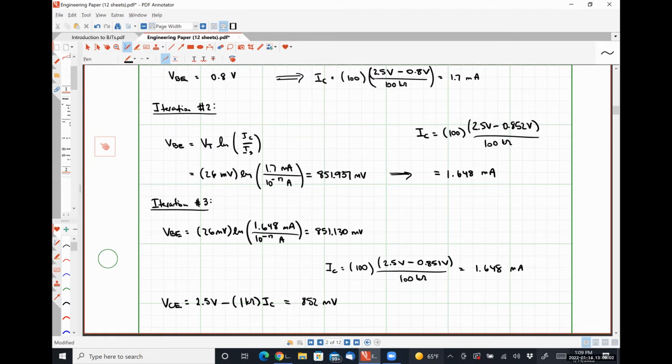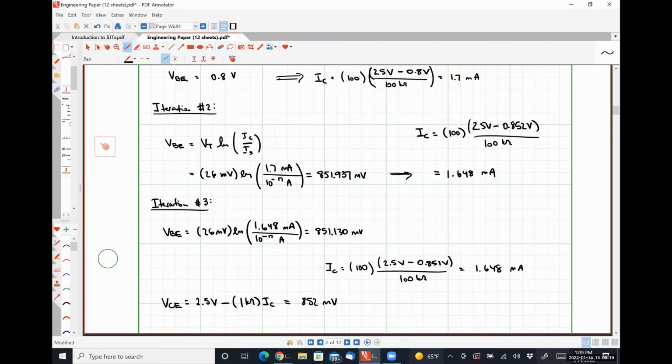So the next couple of schemes that we're going to work with are going to try to overcome some of these limitations here, right? Another problem is that the collector current is obviously very dependent on beta, right?